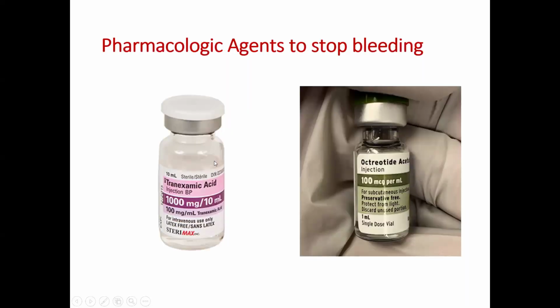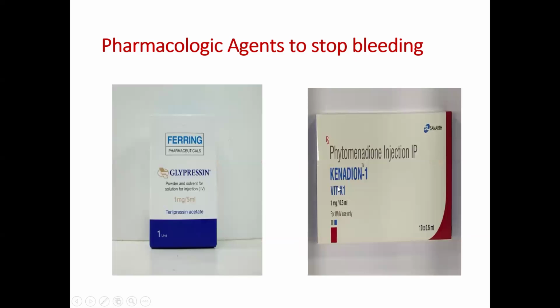And these are the medications: tranexamic acid, octreotide. These are important drugs in palliative care, guys. You need to educate yourself about them, because you're going to use them one of these days, in different indications. This is the terlipressin.